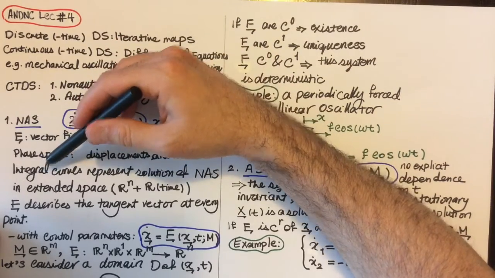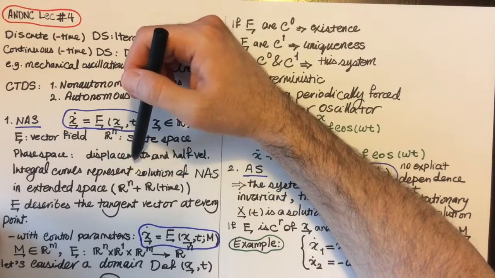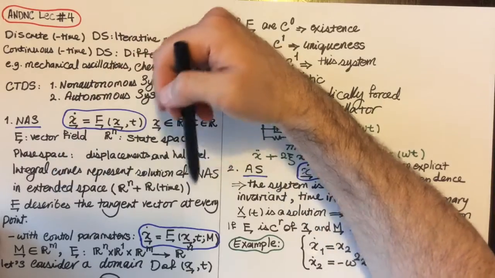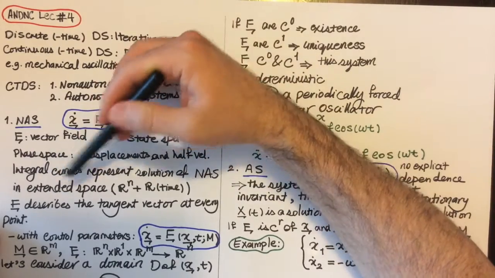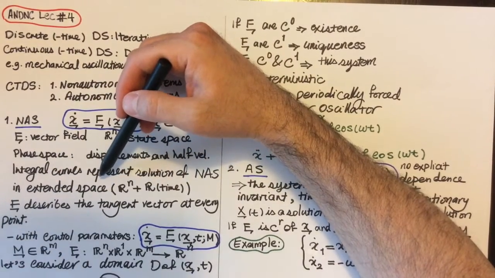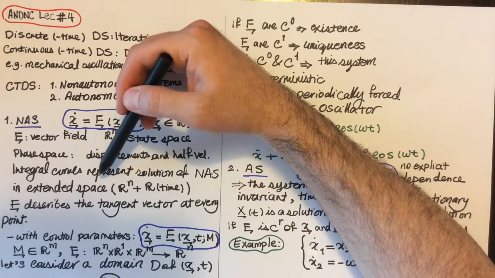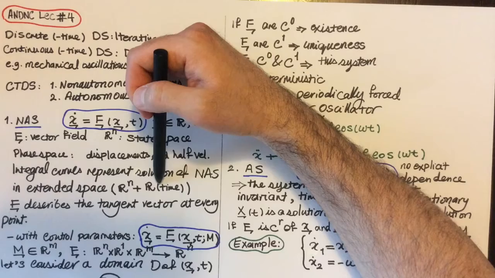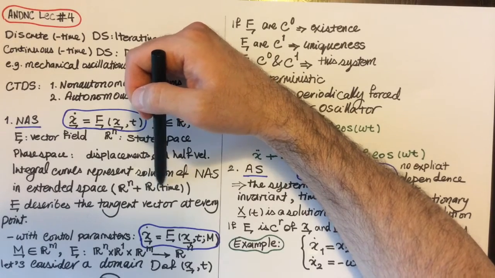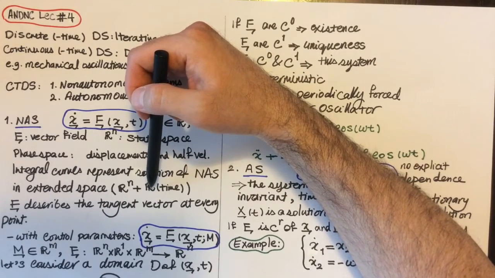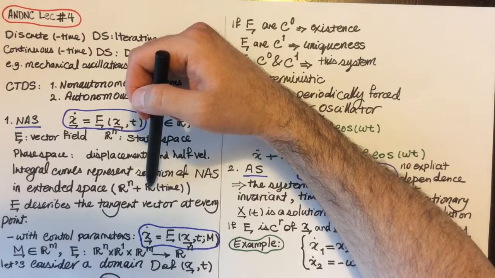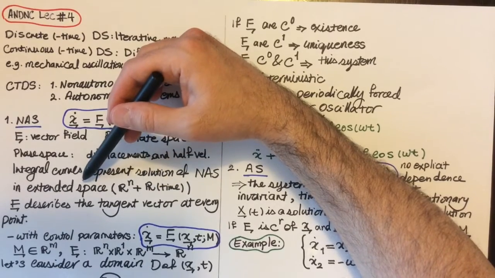We have integral curves, which represent a solution of non-autonomous systems in extended space. Extended space is your Euclidean space, your Cartesian space, including time. So if you also have time, and time belongs to R, real numbers, then this is an extended space.